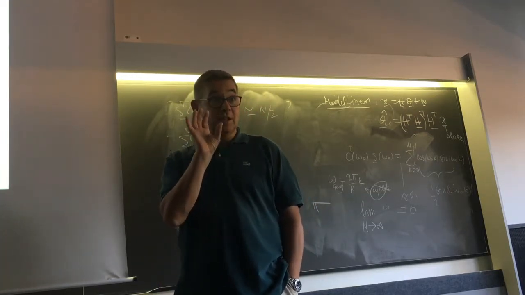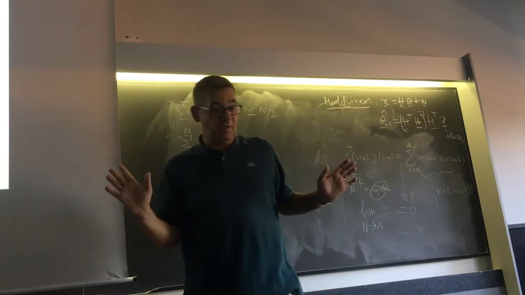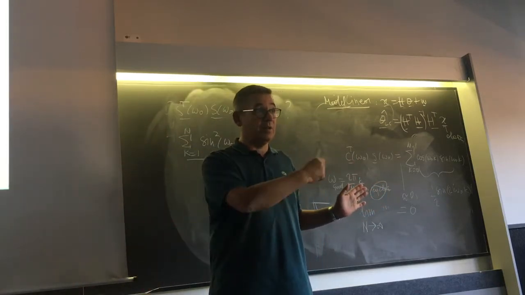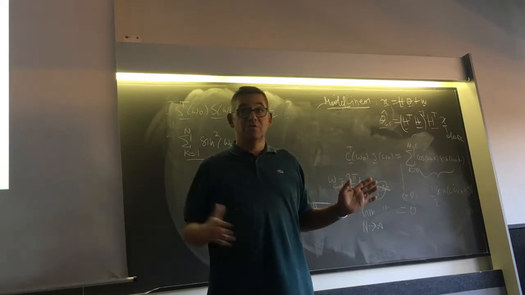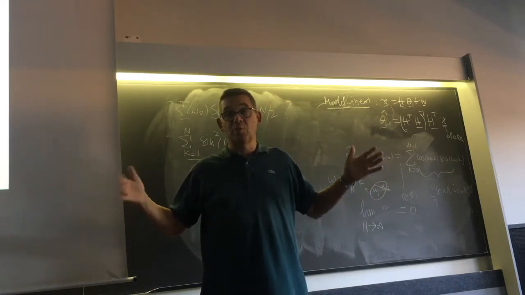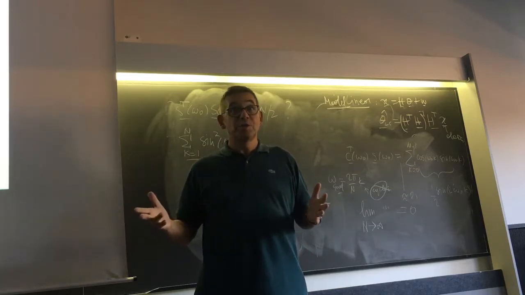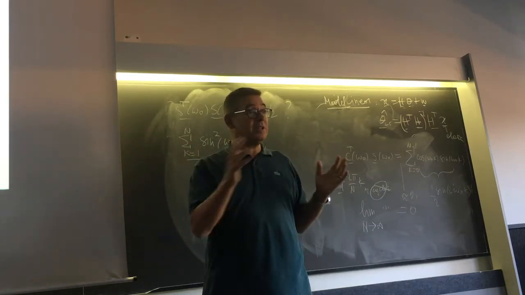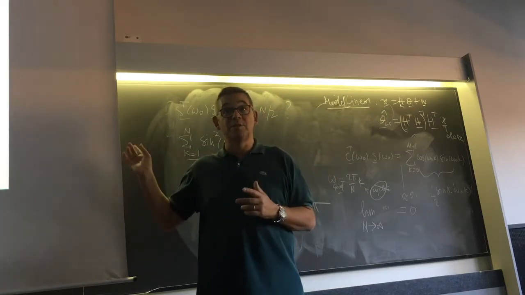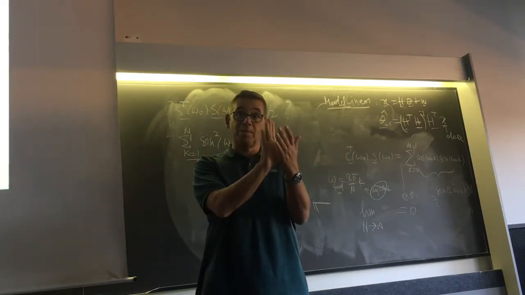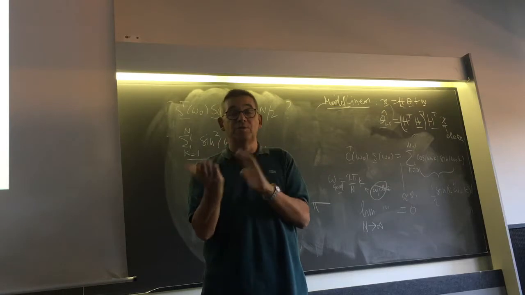If you have an array of sensors and you want to estimate the direction of the source, you use frequency estimation, because estimating the direction is the same as estimating frequency. You can take the problem and transform it one into the other.